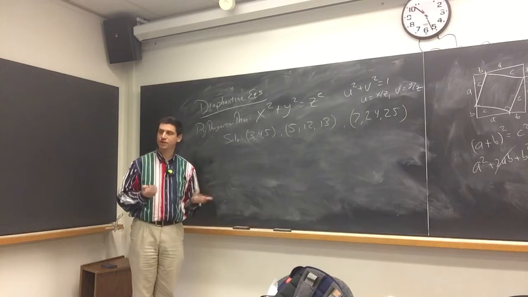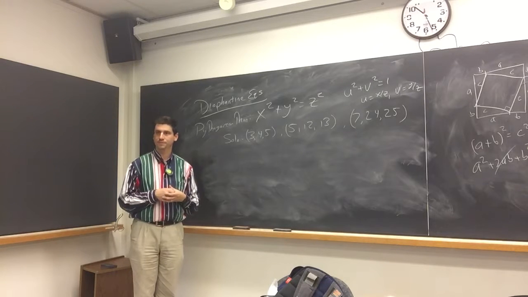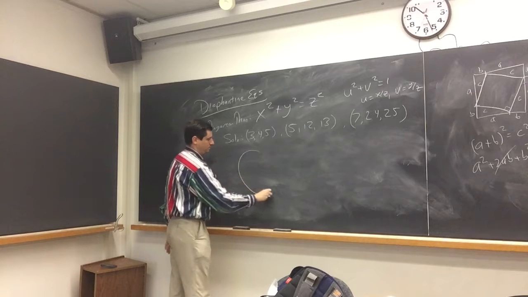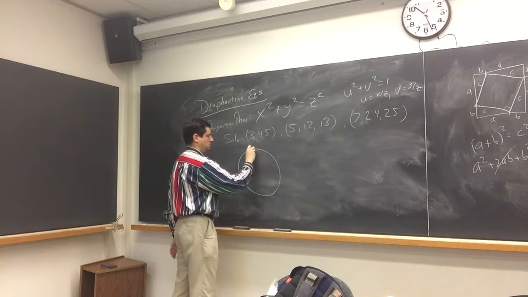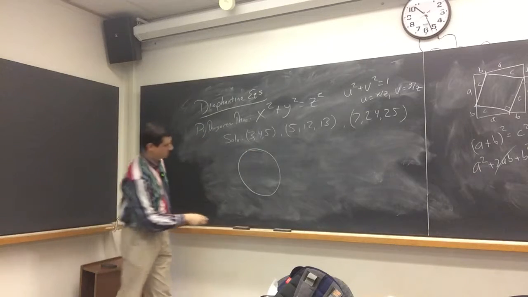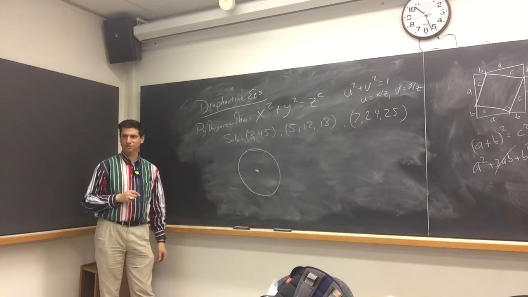Okay, what kind of shape is u squared plus v squared equals 1? It's a circle. Not perfect, but not a horrible circle.